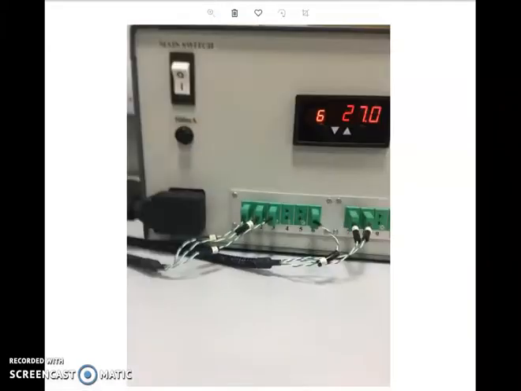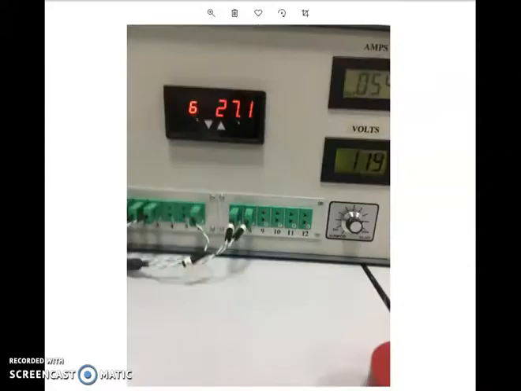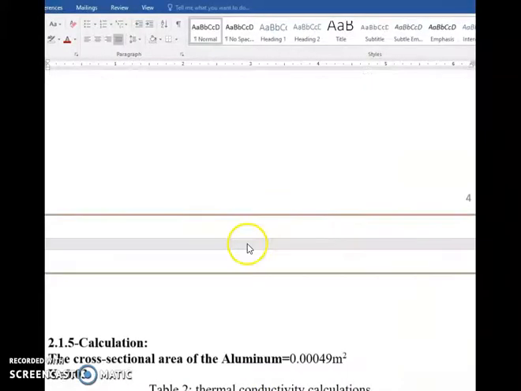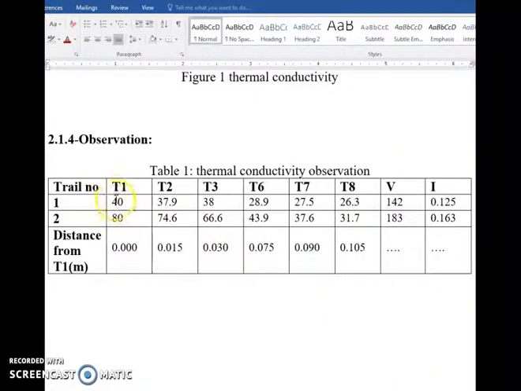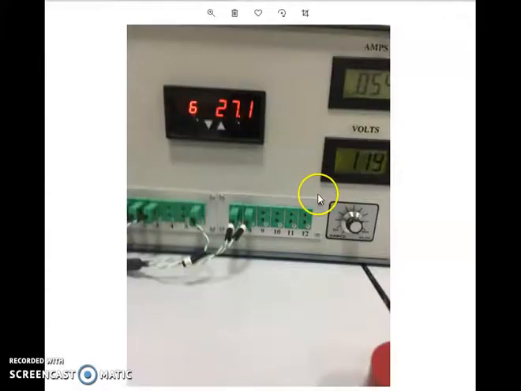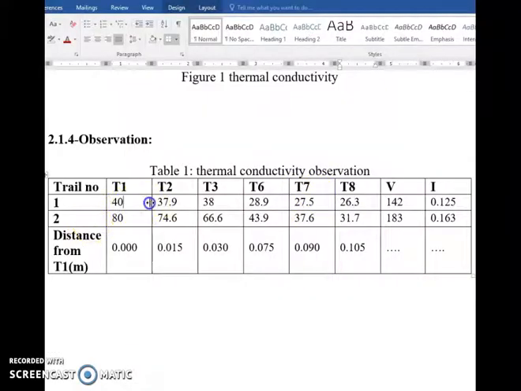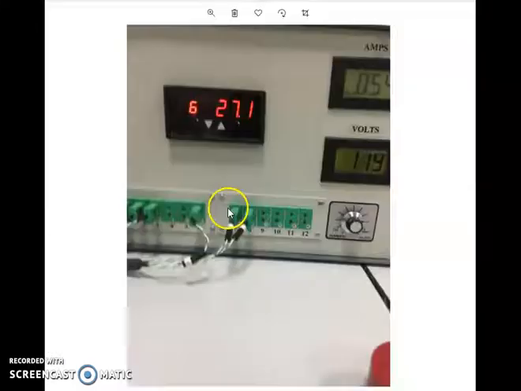It will slowly increase like this. These are the values we are going to note: T1, T2, T3 values and T6, T7, T8 values.